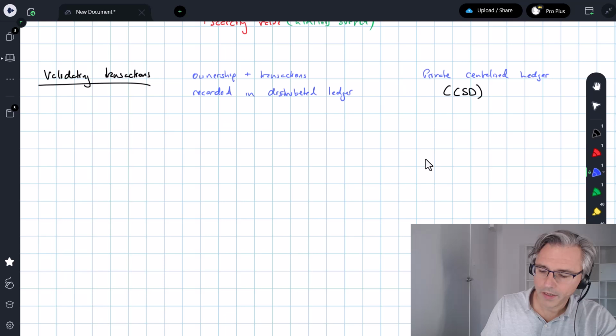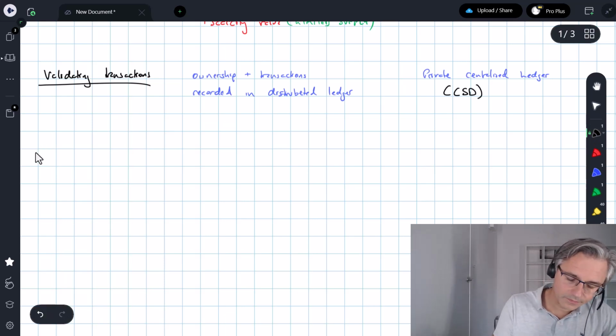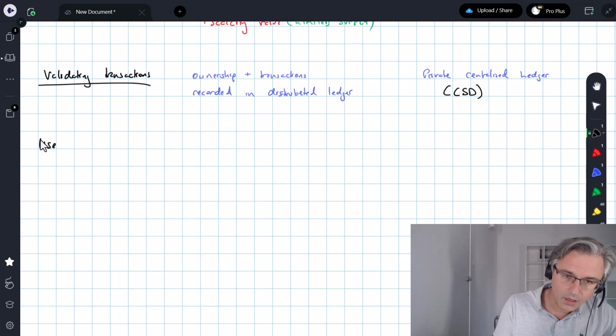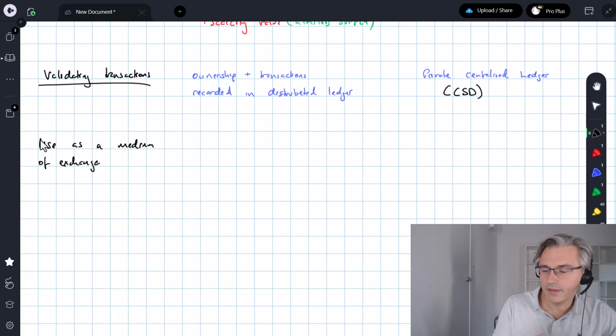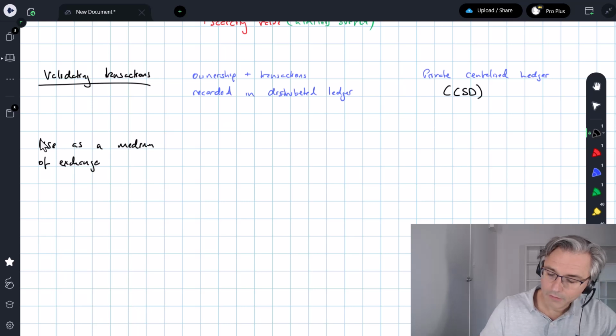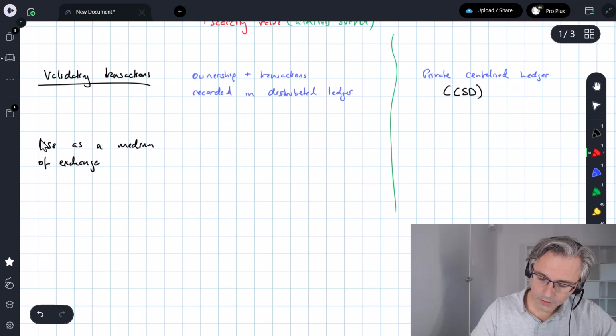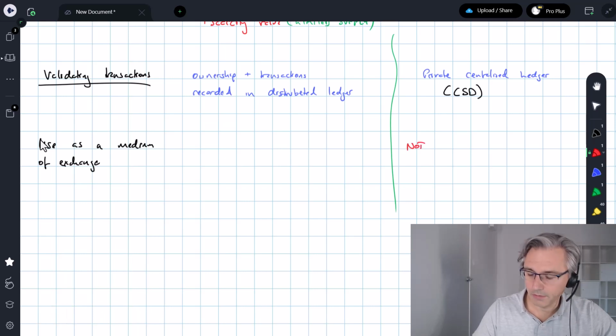Now, what about using these assets as a medium of exchange, i.e. being able to pay for something using these assets. With traditional assets, if you hold shares or bonds, you will not use them as a medium of exchange.